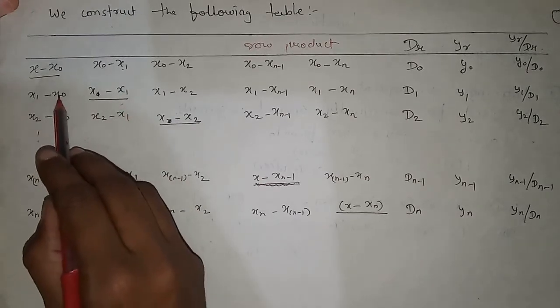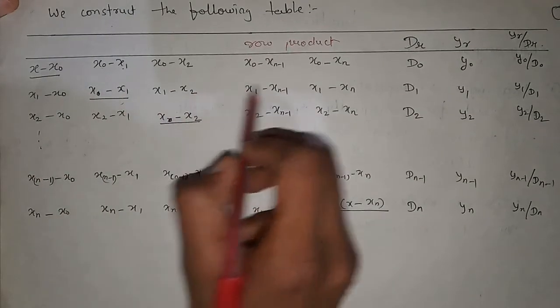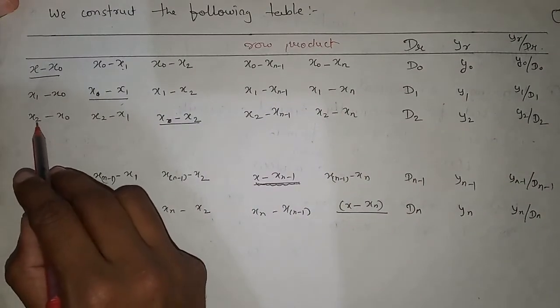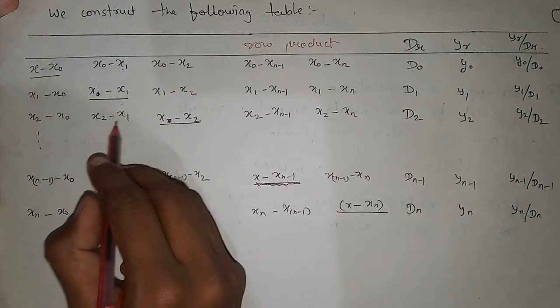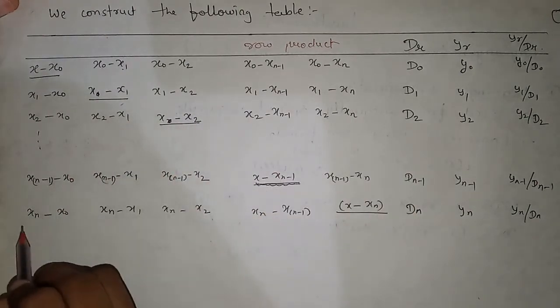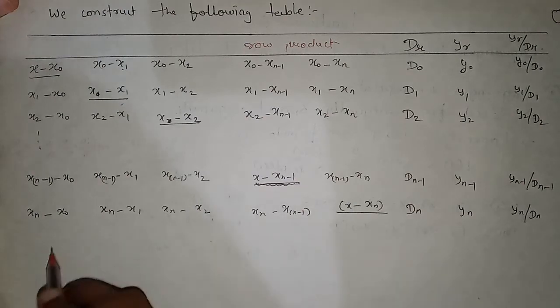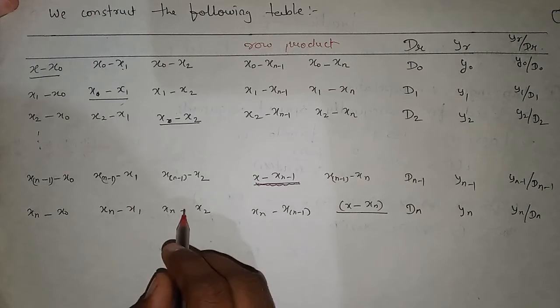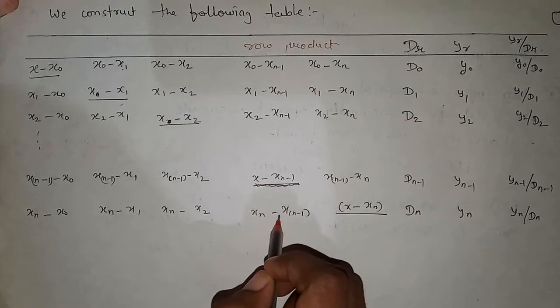So x1 minus x0, x1 minus x2, x1 minus xn. Similarly, d2 is nothing but x2 minus x0, x2 minus x1, and so on up to x2 minus xn. And similarly, dn is nothing but xn minus x0, xn minus x1, xn minus x2, up to xn minus xn minus 1.